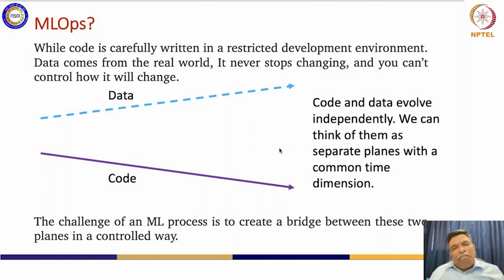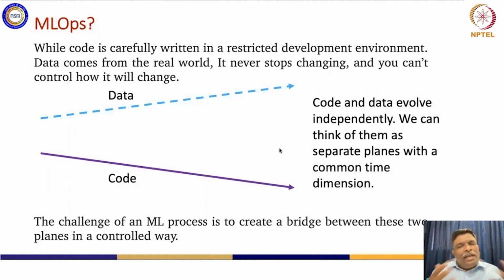Technically speaking, the data and the code in the case of MLOps are going to evolve independently. So we think of them as separate planes with a common time dimension to some extent.